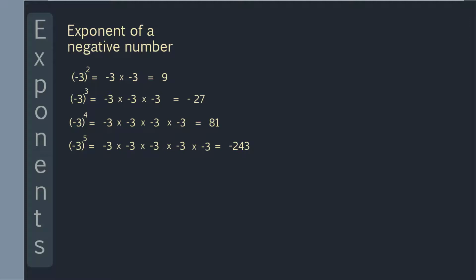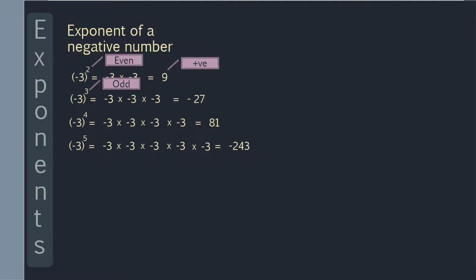If we closely observe the different powers of negative 3 and their values, we can see that all the even powers of negative 3 result in a positive value. Here they are: negative 3 square, which is 9, and negative 3 raised to 4, which is positive 81.